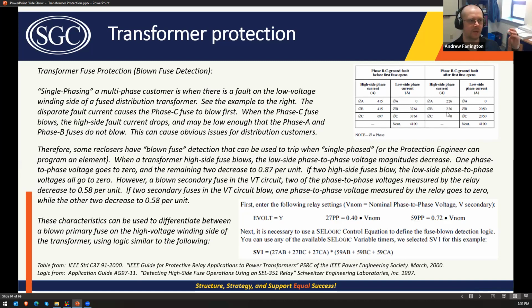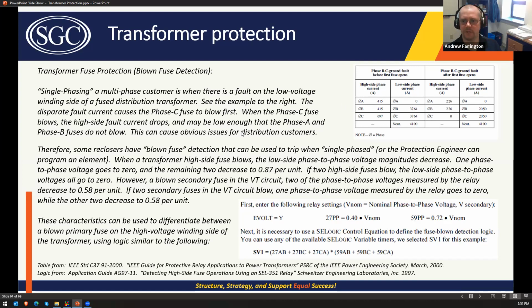And so now you've got two phases in, one out, and you can single phase customers. So if you have three-phase customers, the voltages that they're seeing are going to be non-ideal, say.